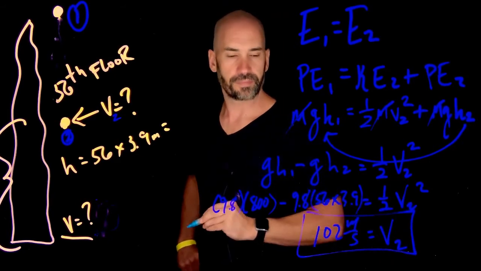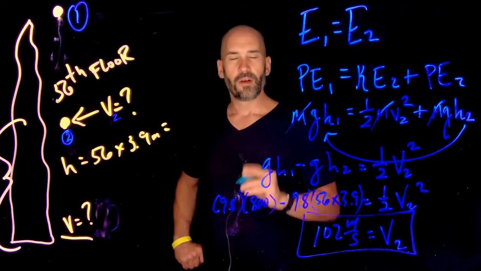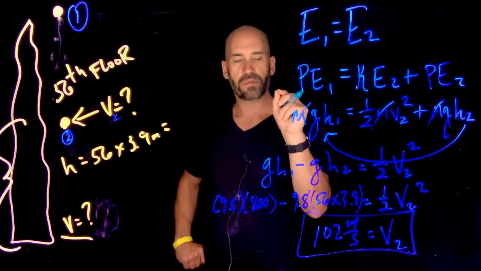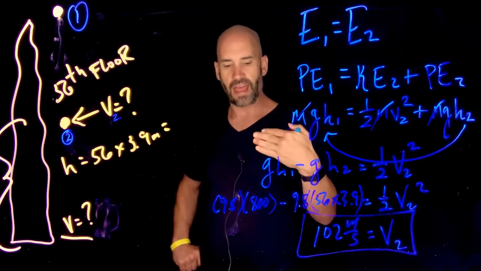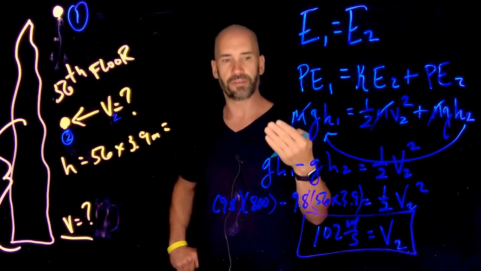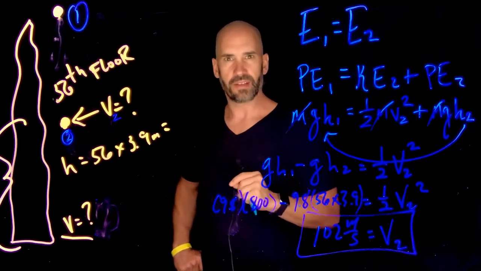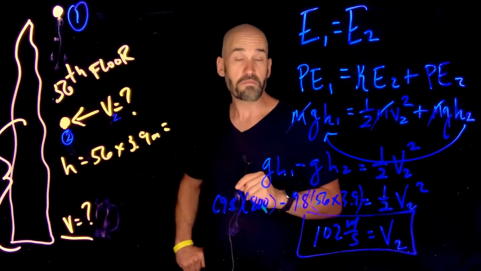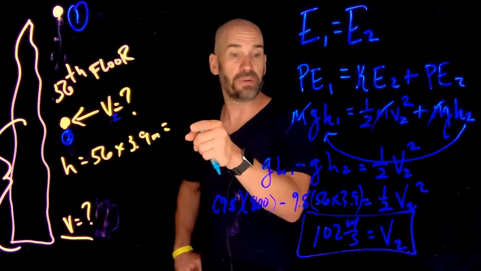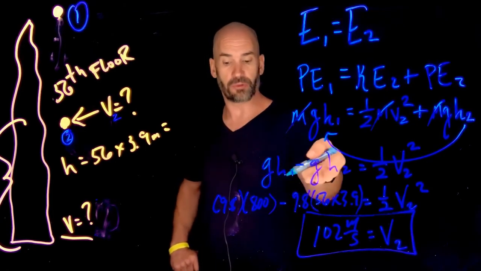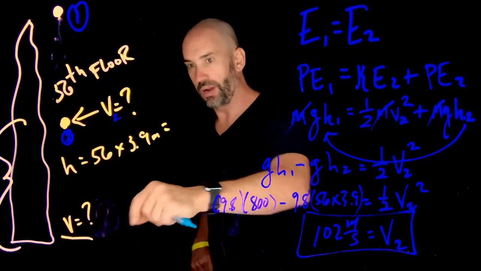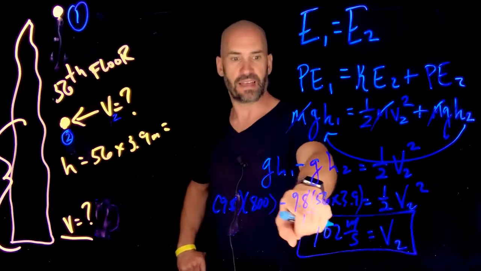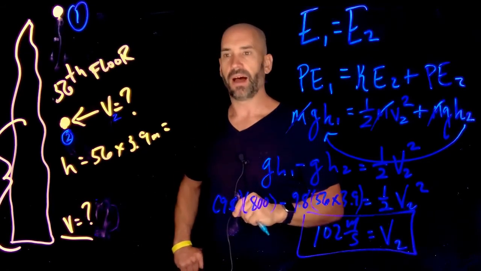Check it out. Okay. Does it make sense? That should be a question that you get used to asking yourself every time that you actually get a number for an answer. Okay? Does that make sense? And the answer is, well, sure, right? It can't be more than 125 because that's what we got when it fell all the way to the ground, right? It's a little bit less than that. It's 102 meters per second.